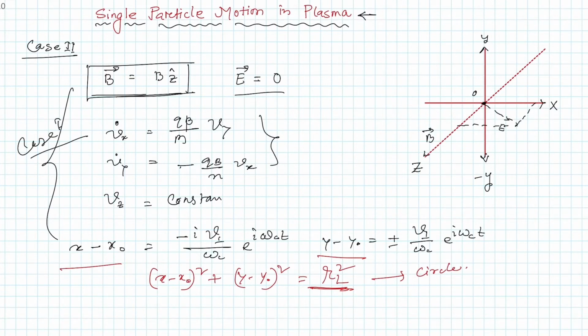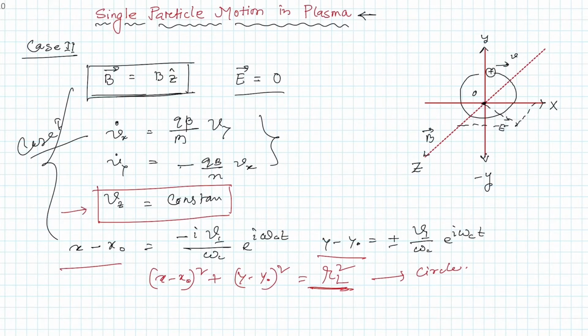So suppose this is a positive charge moving with velocity v, its motion will be circular like this. I did not discuss this point in the first case, so before you watch this video you must watch lecture 4, the last video that I have uploaded. Please go through that, then you will understand.